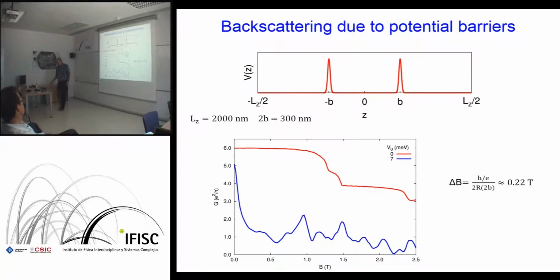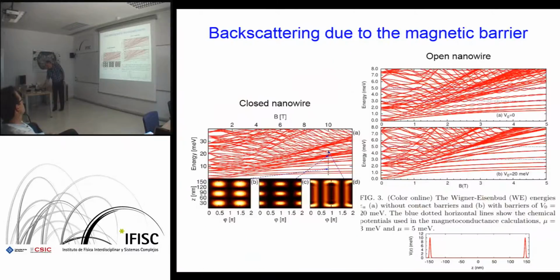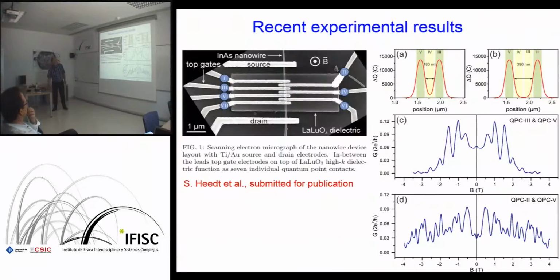So this is what we think explains the experimental results, that the period of the oscillations becomes smaller when the distance between the barriers, we can call them quantum point contacts if you want, is increasing. And the paper is now submitted, the experimental paper.